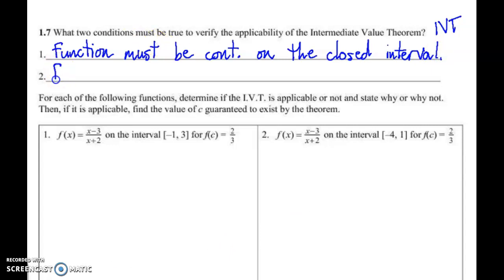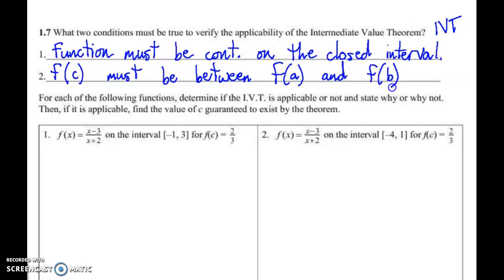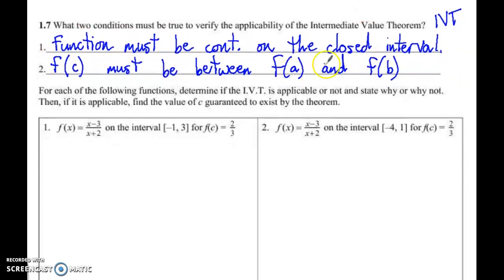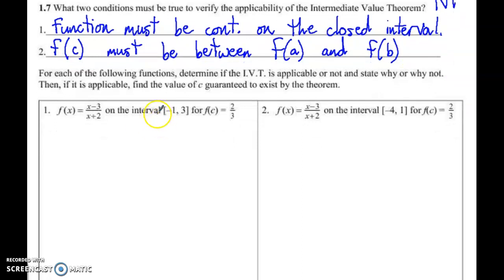And the second thing is, since we've been using f, I'll just stick with it, f of c must be between your bounds, f of a and f of b. Now these are just variables. These are pretty commonly used variables, so don't shy away from them. But in another math book, they might use something different. They might name the function differently. Doesn't really matter.